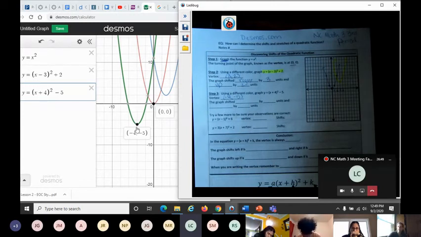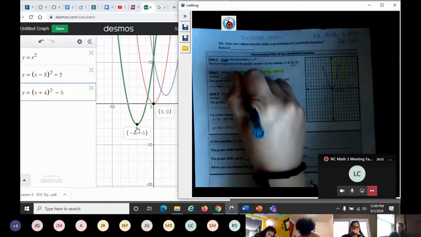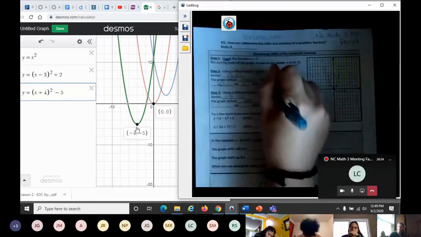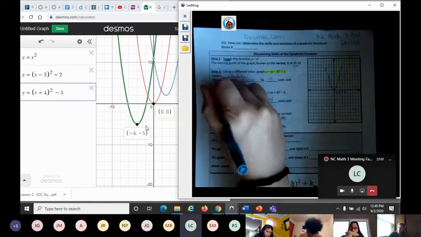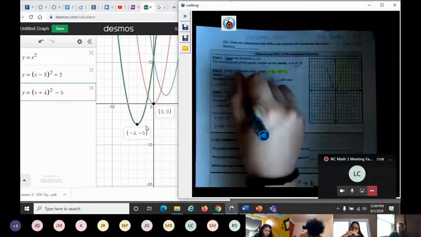Yeah, so I shift left by 4 units. You would write that down. And then Lizbeth, how far did I go down to get from the red to the green? -5. Yes, so I'm shifting down by 5 units.